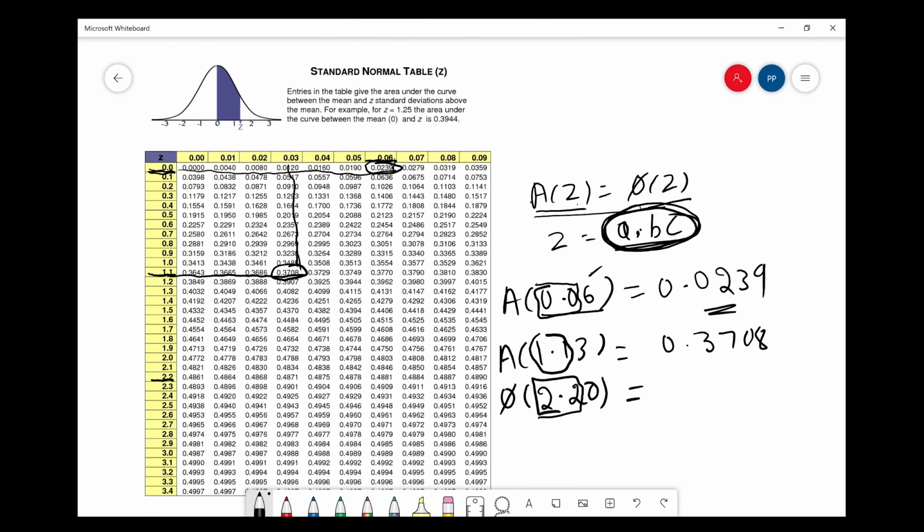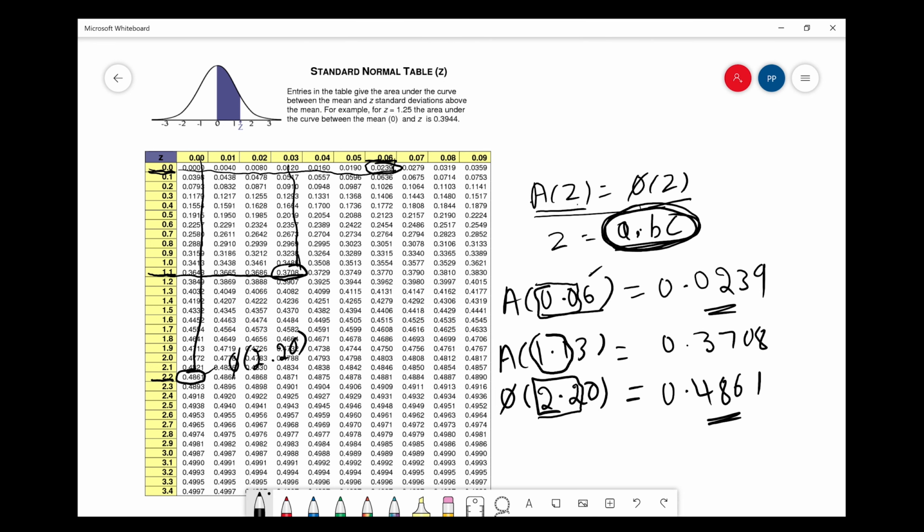This is it, and 0.00 or simply 0. This is one. Come down here, and this is phi of 2.20. That is, this equals 0.4861. Like that, you can easily find the values.